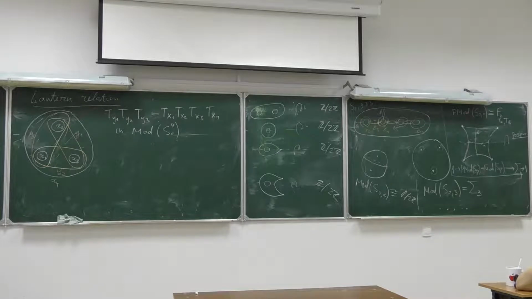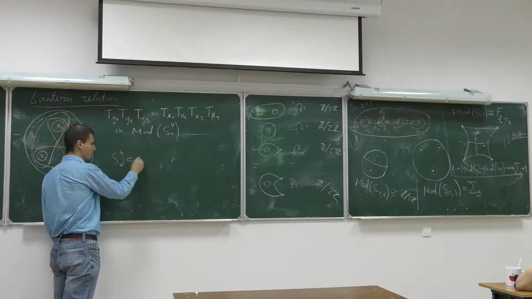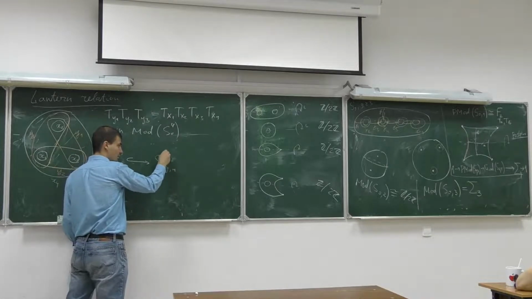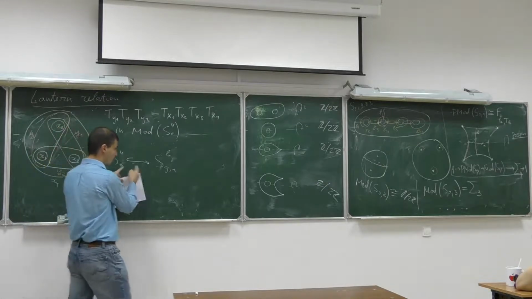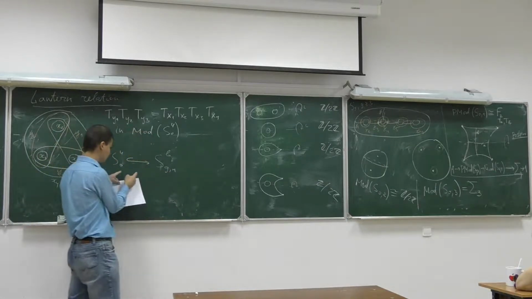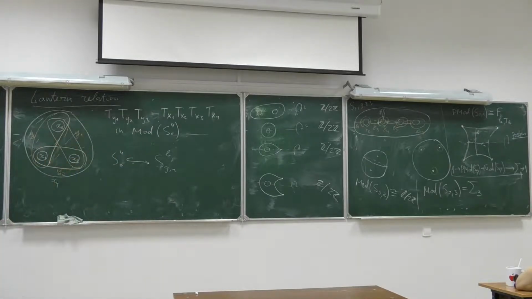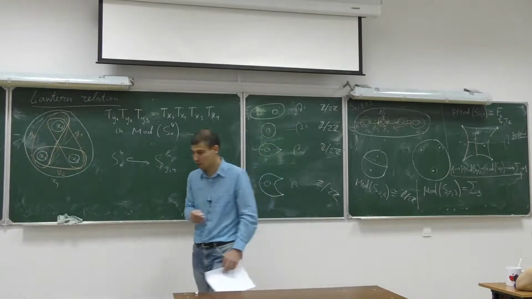But if this sphere with 4 boundary components is embedded into any other surface, then of course there is a homomorphism of mapping class groups, and since this relation holds here, it also holds there. So whenever we have such a configuration of 7 curves on our surface, we have this lantern relation.